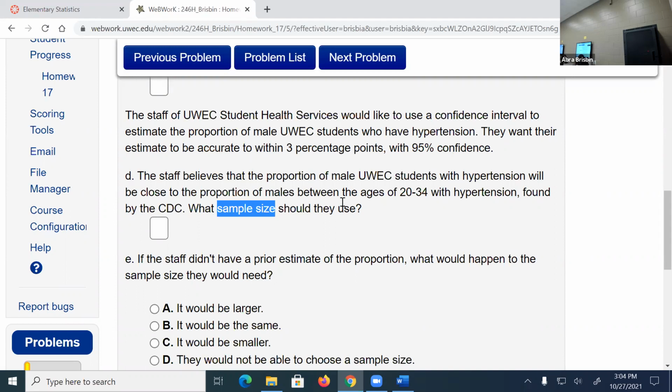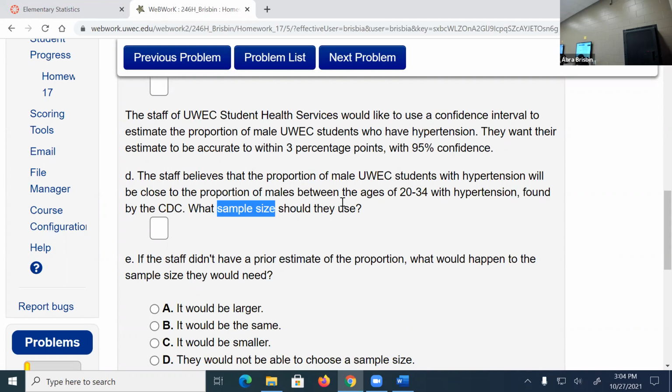So 3 divided by 100. And because it was within 3, that means it's okay to be off by 3 in either direction. So 3 percentage points isn't the width, 3 percentage points is the total margin of error. So we don't need to divide by 2.